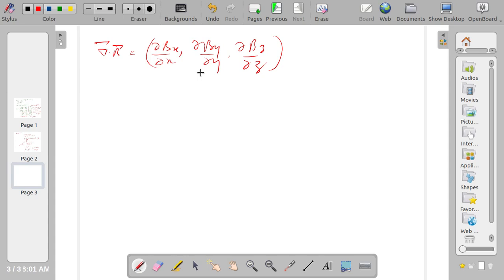And so I consider that these two terms are non-zero. If these two terms are non-zero, then the magnetic field is symmetrical about the z-axis in this manner, and it is slowly varying.